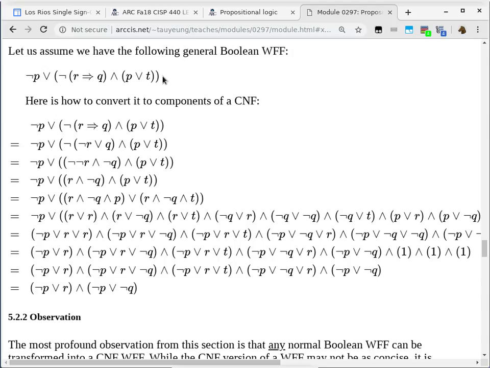Okay. And then from here to here is also distribution, but basically I'm making a cross product between R and not Q and P, and the other term, the expression is R and not Q and T. So I just make a huge, gigantic mess out of this. There are 9 terms because there are 3 terms on one side, 3 terms on the other side.